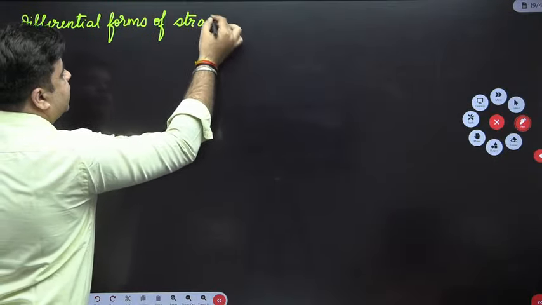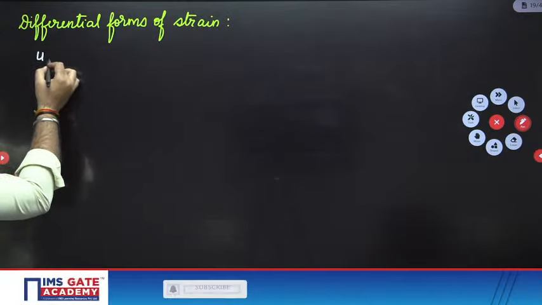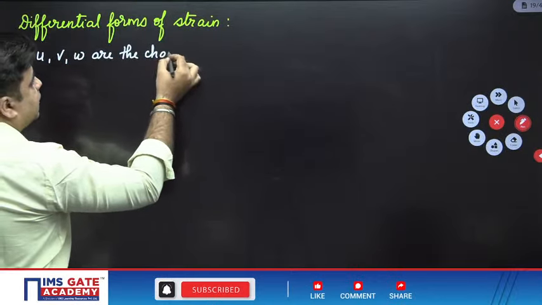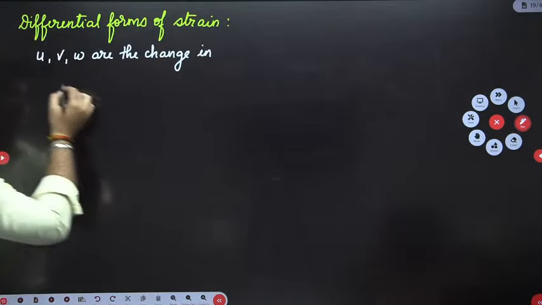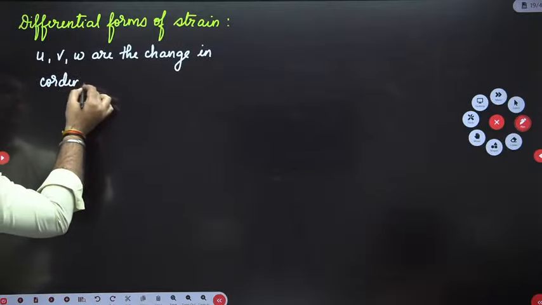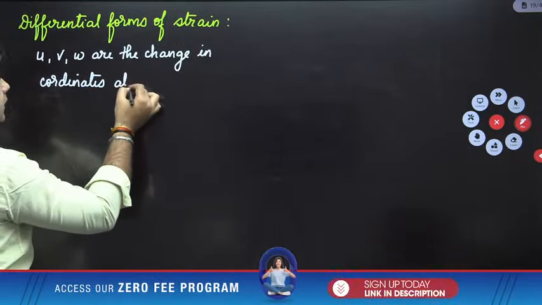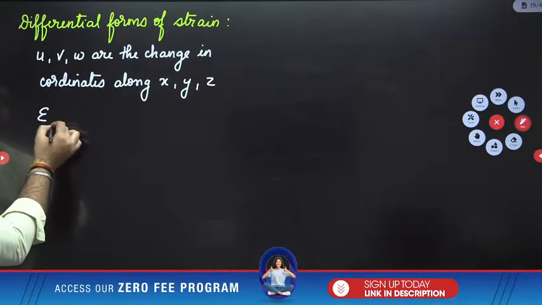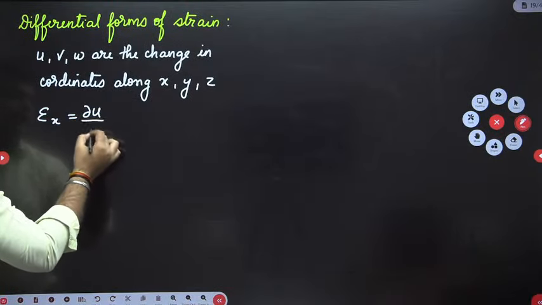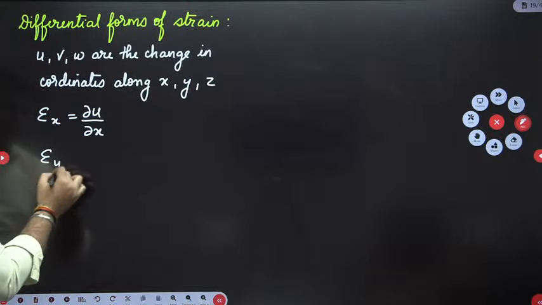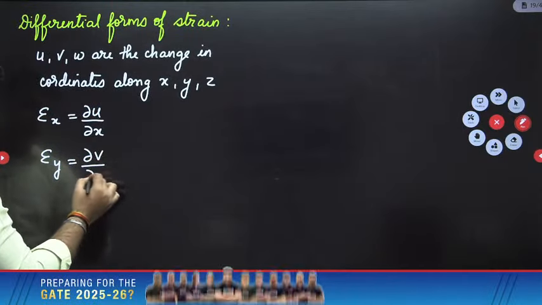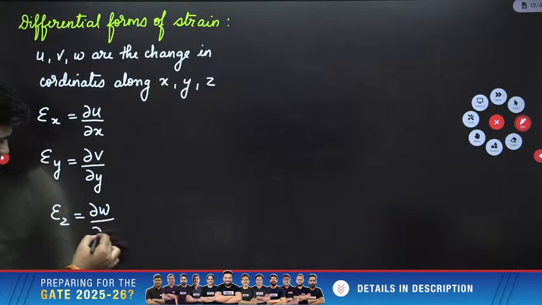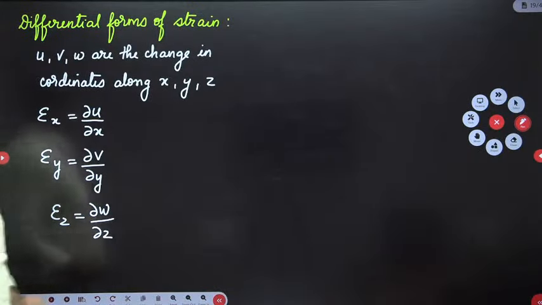If u, v and w are the changes in coordinates along x, y and z direction, then normal strain along x direction is equal to del u by del x. Normal strain along y direction is equal to del v by del y. And normal strain along z direction is equal to del w by del z.